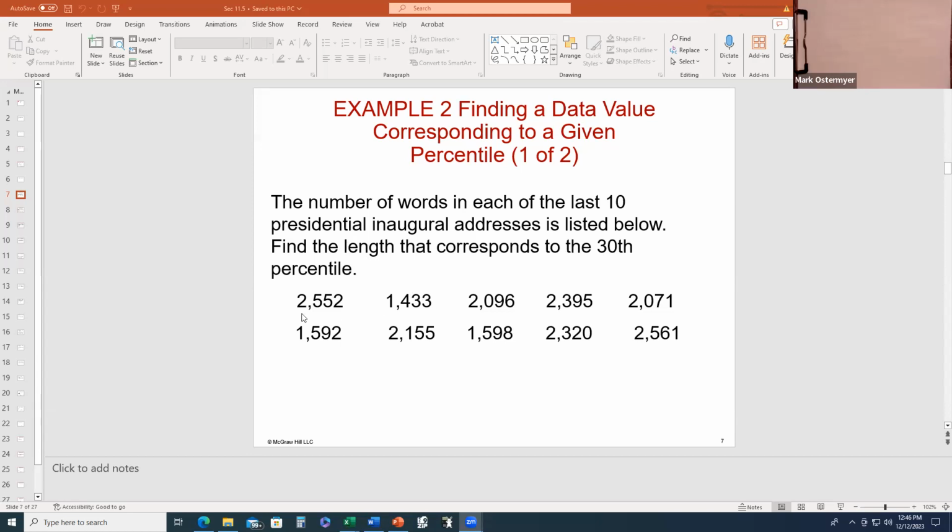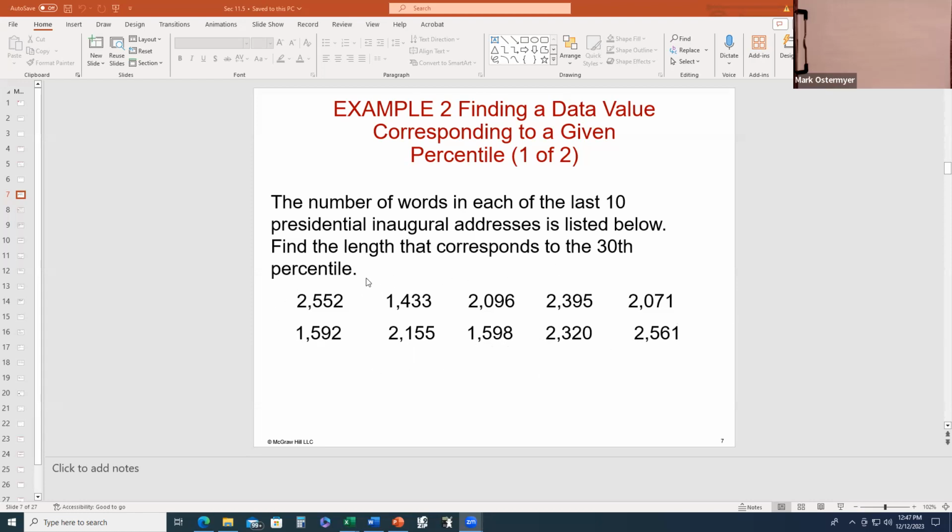But so one inaugural address had 2,552 words in it. Another one had only 1,592 words in it. Okay. So of these 10 inaugural address lengths, if you will, we need to find the length that corresponds to the 30th percentile.